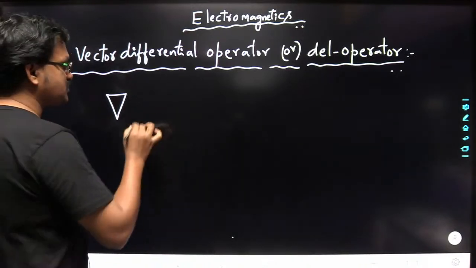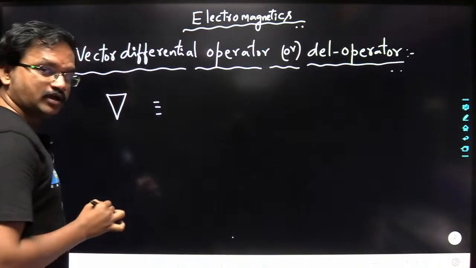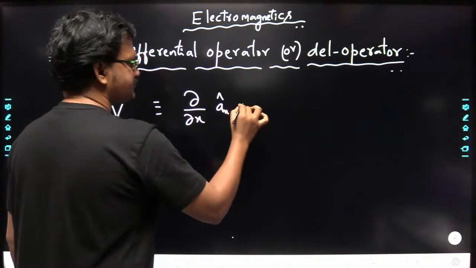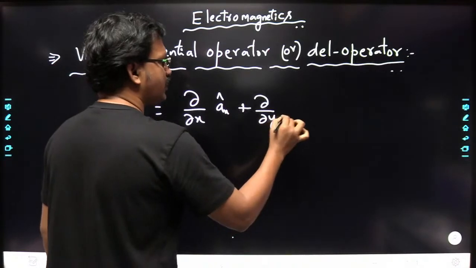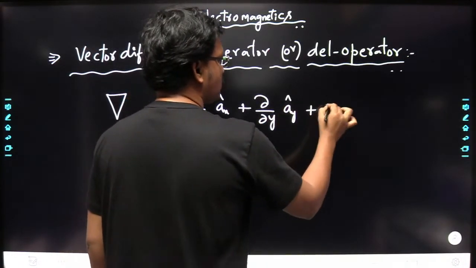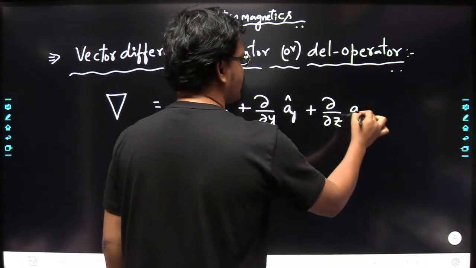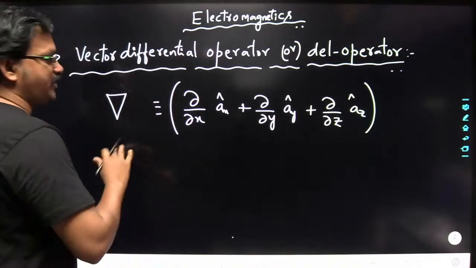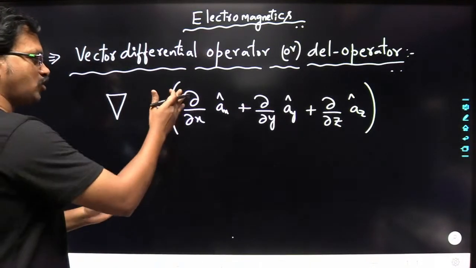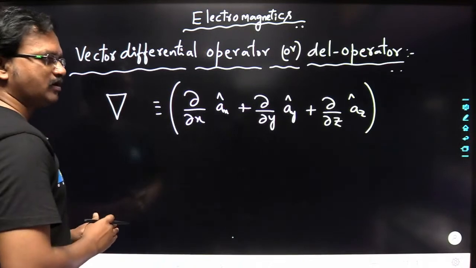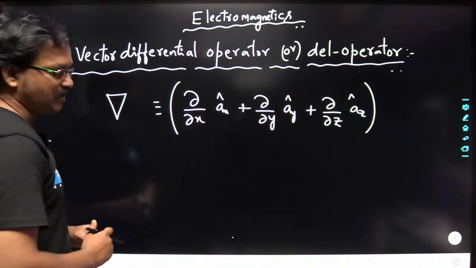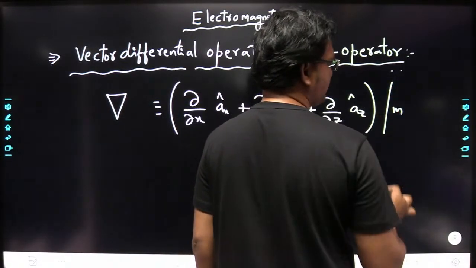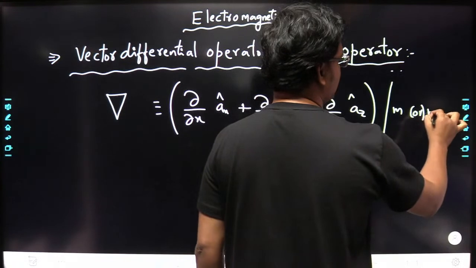Del is identically equivalent to dou by dou x a_x cap plus dou by dou y a_y cap plus dou by dou z a_z cap. The del operator is represented in this manner. The unit of this operator is per meter, or you can simply say meter inverse.